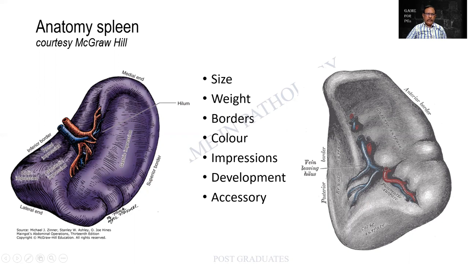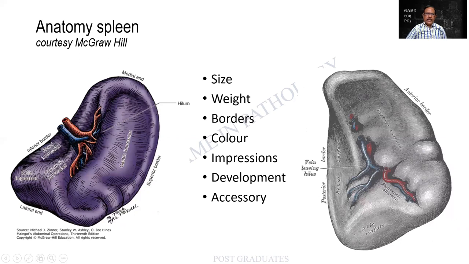If you take this one, I would like you to appreciate that it is about the size and shape of a closed fist. And there is an entry of an artery and an exit of a vein. Obviously, there will be a depression which is called the hilum.